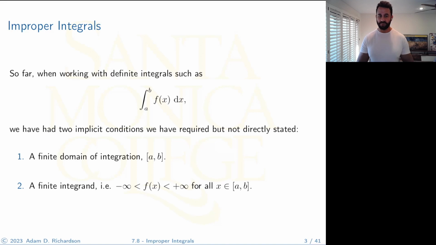We have also assumed that our integrand is finite. In other words, our function is bounded, or I shouldn't say bounded, I apologize. Our function is, actually, yeah, that is what it means. Our function is bounded on the interval a to b. This basically means that there aren't any infinite discontinuities. So for example, let me draw a quick picture here.